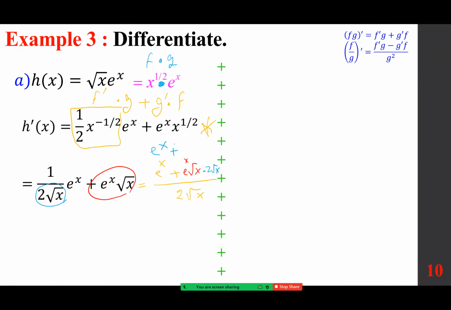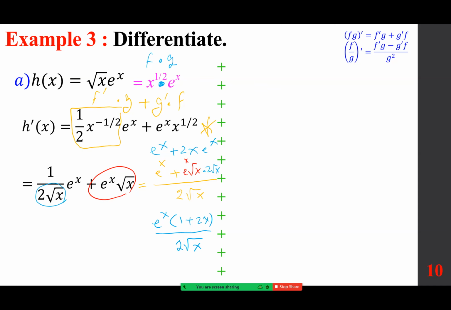e to the power of x plus e to the power of x times 2x, or simply 2x e to the power of x. And I can take a common factor of e to the power of x out from the numerator.